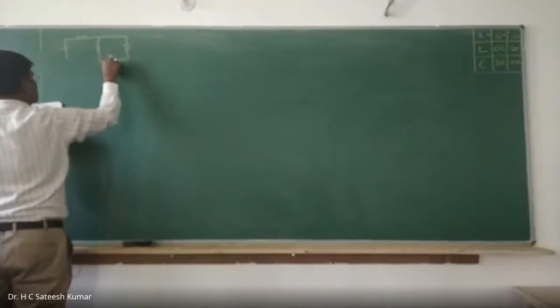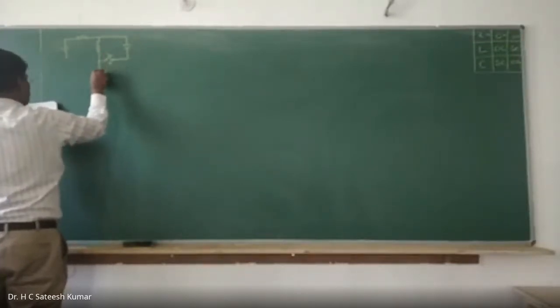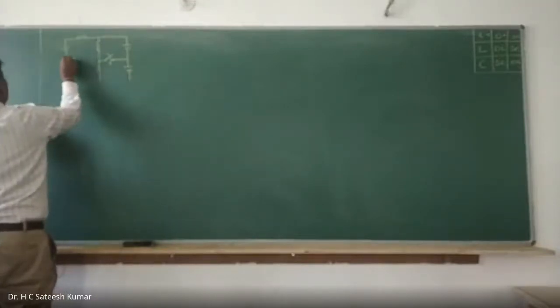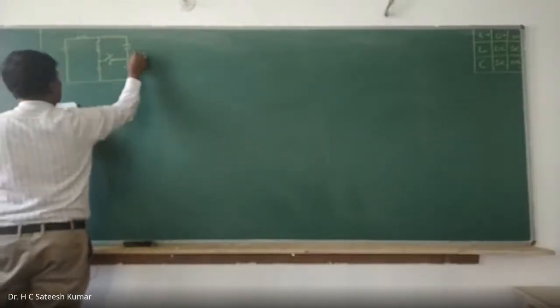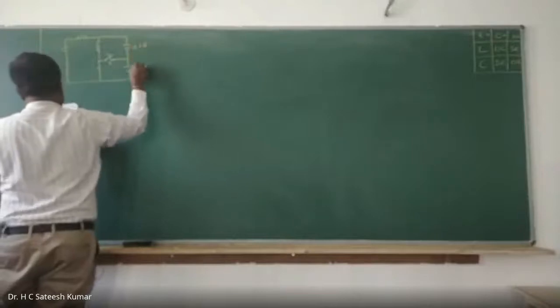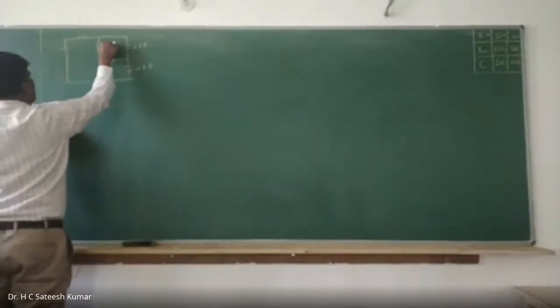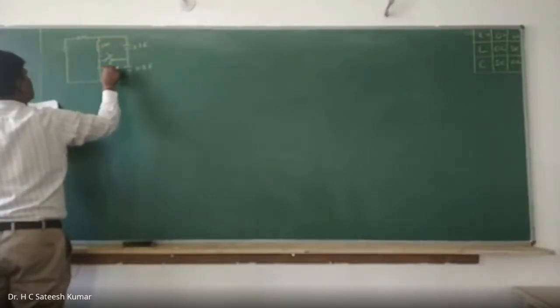This is a closing switch, resistor, one more capacitor, 0.1 farad, 0.2 farad, 1 Henry, 4 ohms. Sorry, here we have one resistor also.